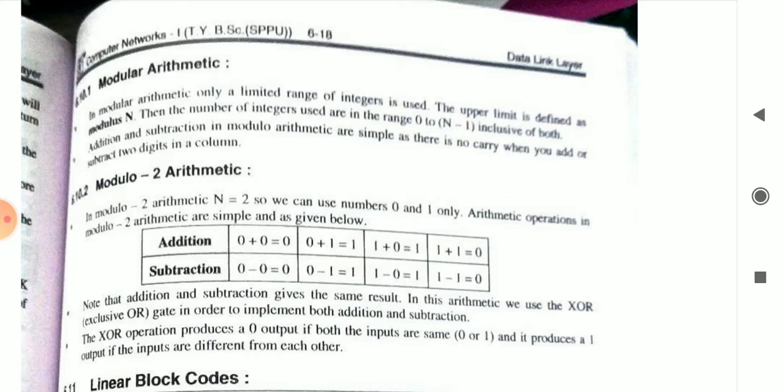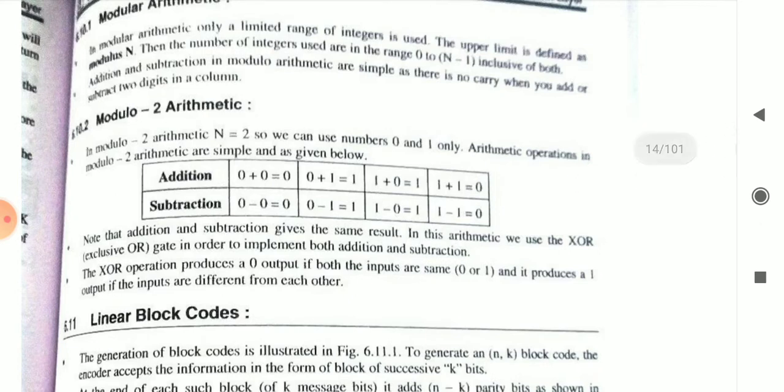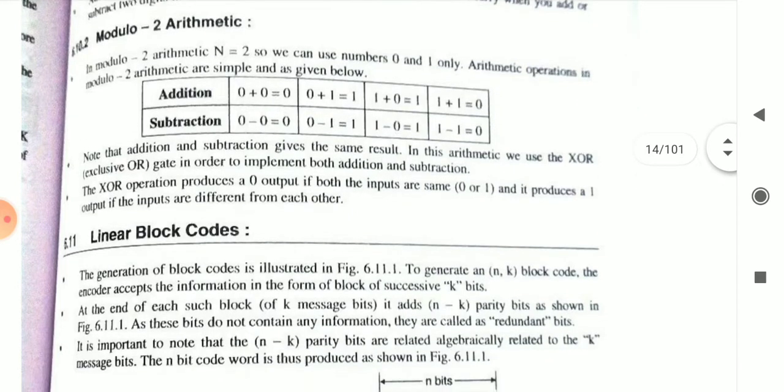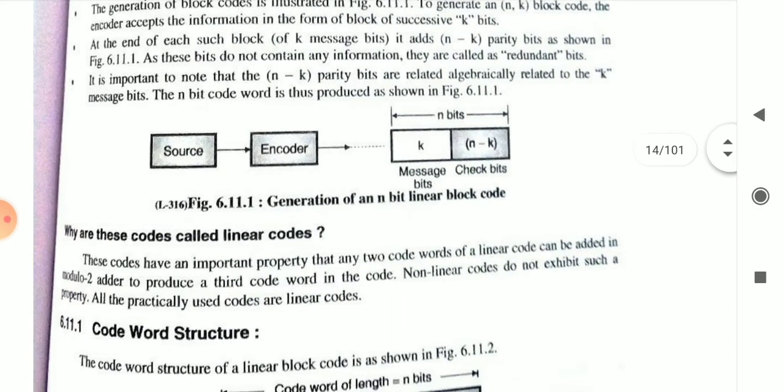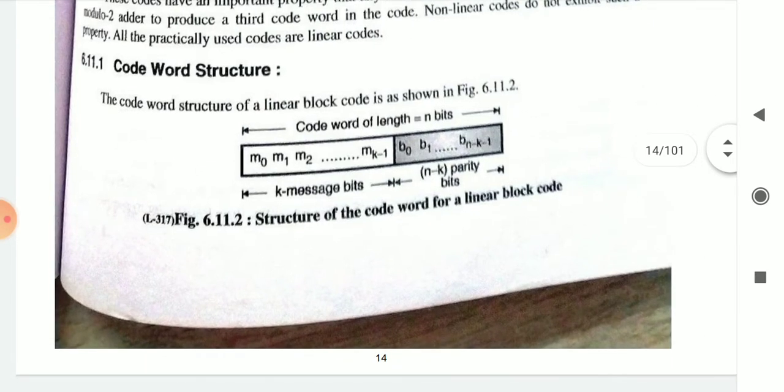Addition and subtraction in modular arithmetic are simple as there is no carry when you add or subtract two digits in columns. We already saw this in a previous lecture, that modulo 2 arithmetic is done by XOR, exclusive OR gates. Now linear block codes, encoders, code word structures, this was all seen in the previous lecture.